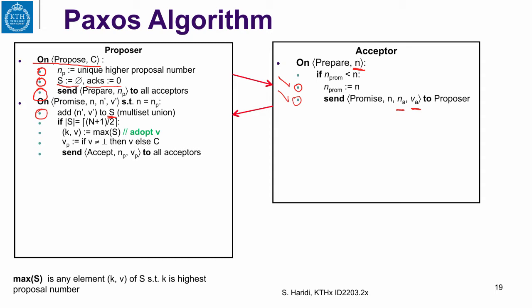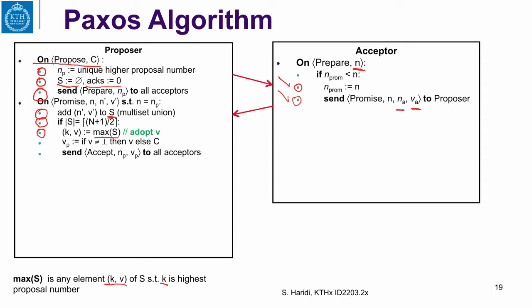And whenever it gets a majority of promises, then it looks at the set S and selects an element, k v, such that k is the highest proposal number, or highest round number.